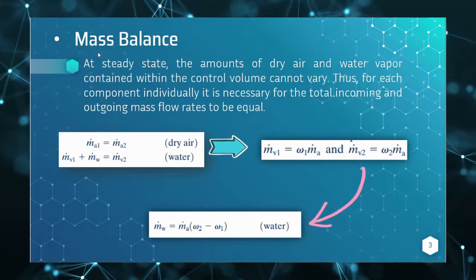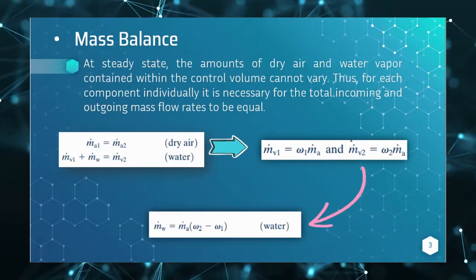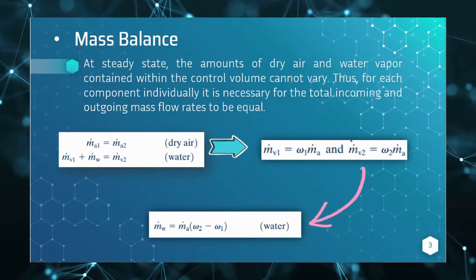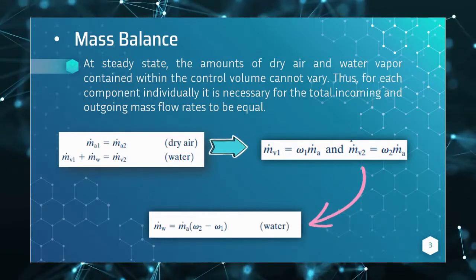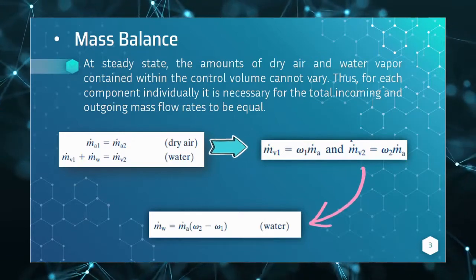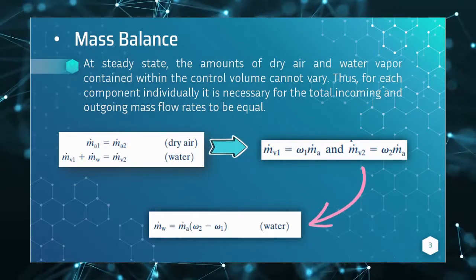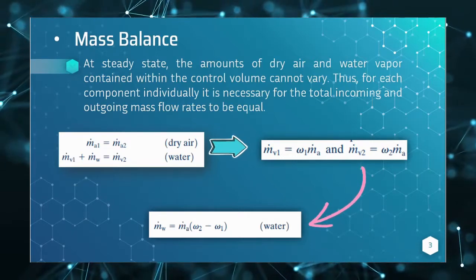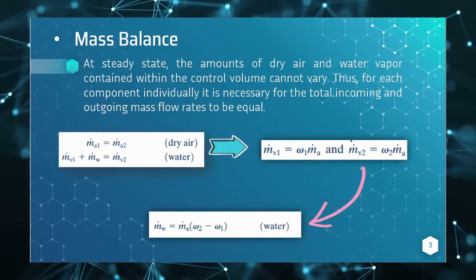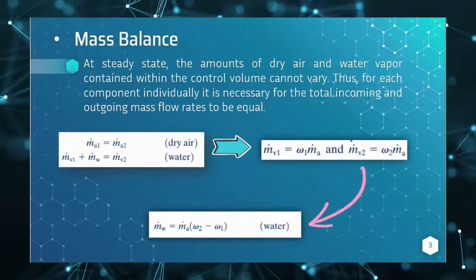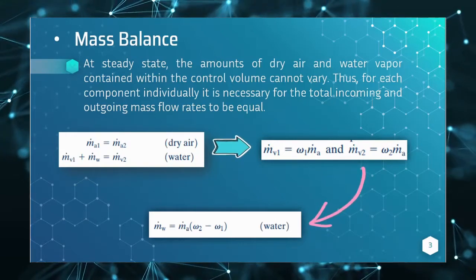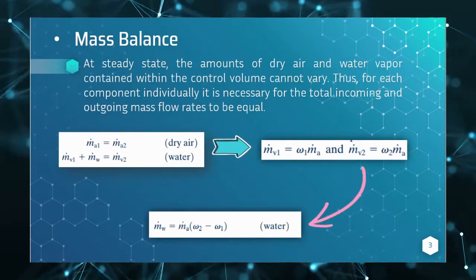For mass balance, at steady state, the amount of dry air and water vapor contained within the control volume cannot vary. Therefore, for each component individually, it is necessary for the total incoming and outgoing mass flow rates to be equal. So for dry air, that is m_a1 equal to m_a2. Also for water, that is m_v1 plus m_w is equal to m_v2. For simplicity, the constant mass flow rate of dry air is denoted by m_a.